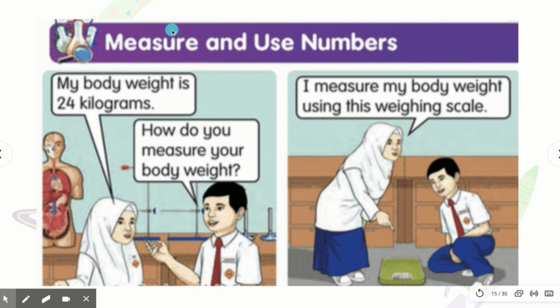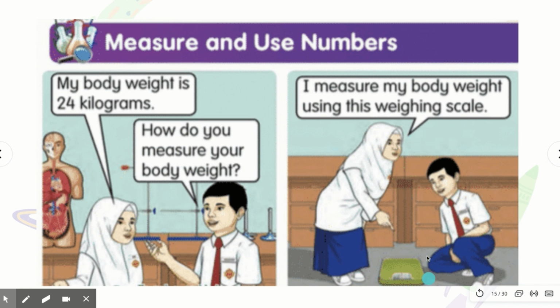Boys and girls, now let's take a look at this. Measure and use numbers. Let's read the conversation over here. My body weight is 24 kilograms. How do you measure your body weight? I measure my body weight using this weighing scale.